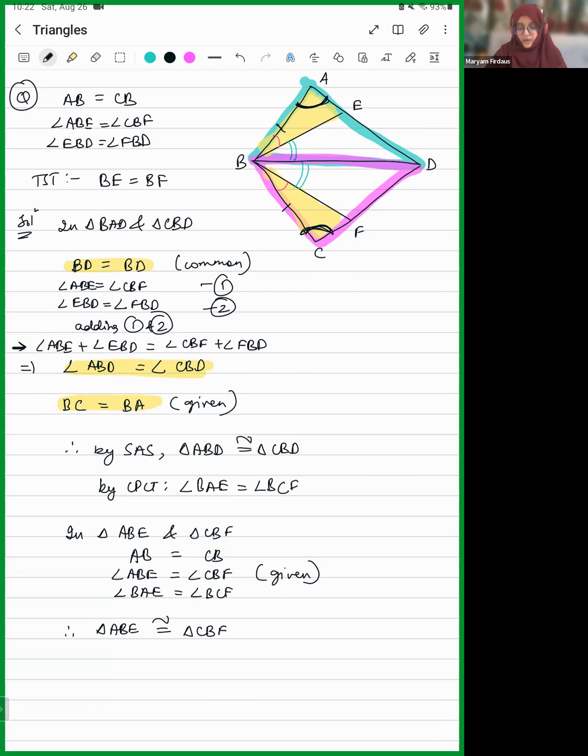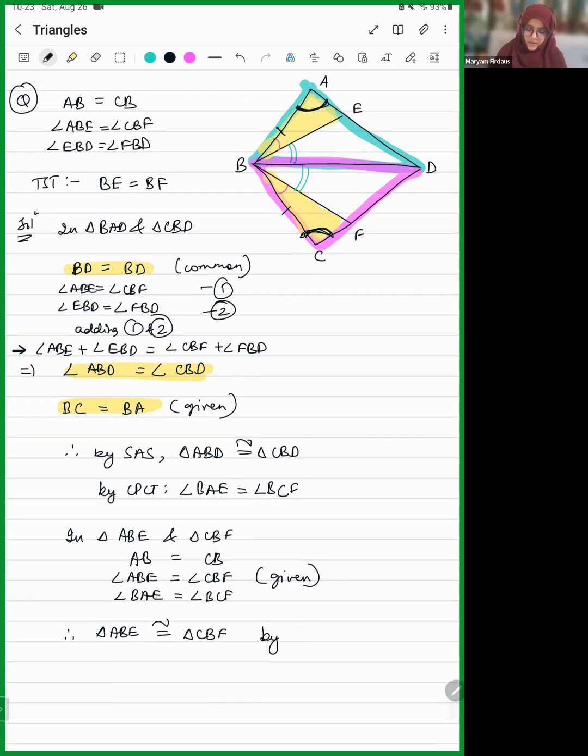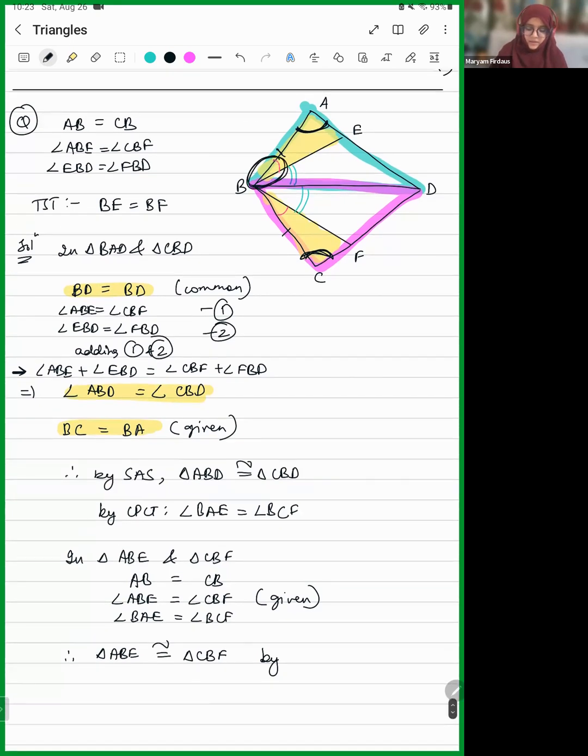By which rule are they congruent now? SAS? No, not SAS. Look at this. This is an angle. ASA rule. Because this is an angle. This is a side. This is another angle. ASA rule.